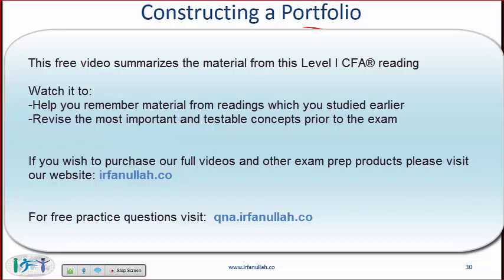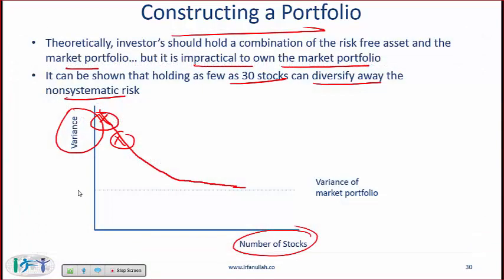It can be shown that as you keep adding more stocks, this is the number of stocks on the x-axis and variance over here, and this is the variance of the market. So when you come to about 25 to 30 stocks, you are almost sufficiently diversified.